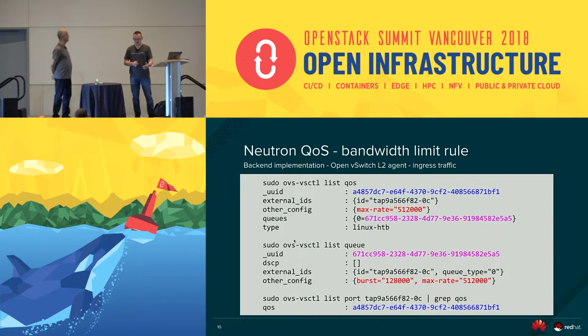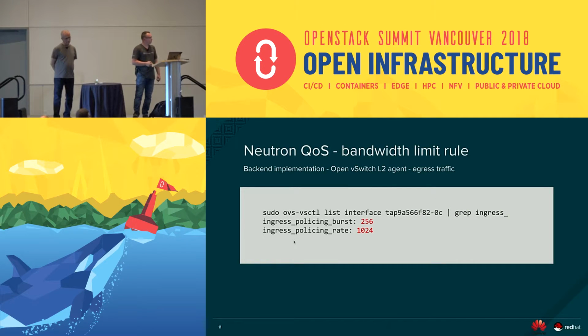This QoS has max rate set with the value exactly as specified in the Neutron API, and as we always have only one queue in this QoS, all this bandwidth max rate is consumed by this queue in our case.